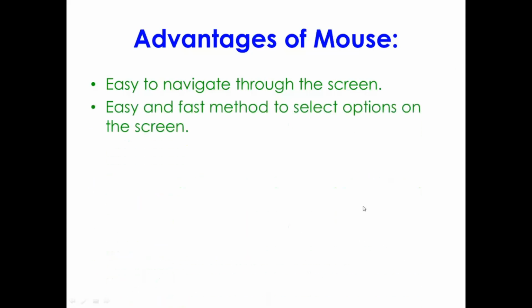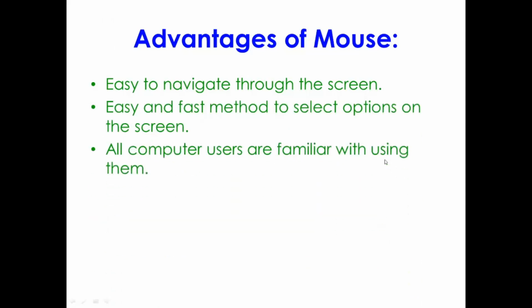Easy and fast method to select some options. If you have to select something, like you want to save something or close, it's very fast to do it. It's very familiar and all the people know how to use it, so you do not need proper training to use the mouse.